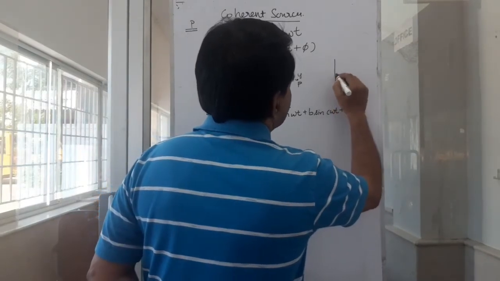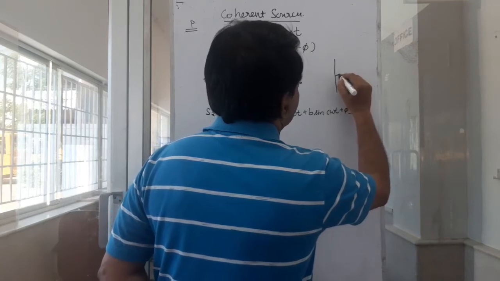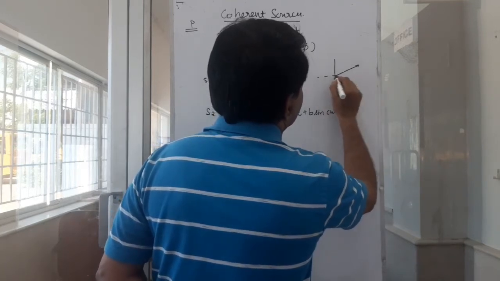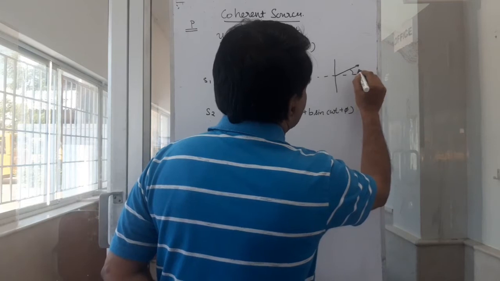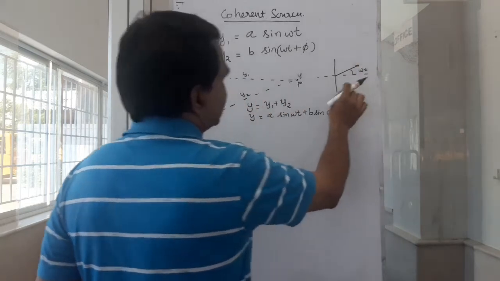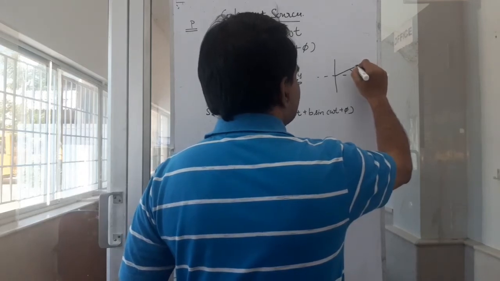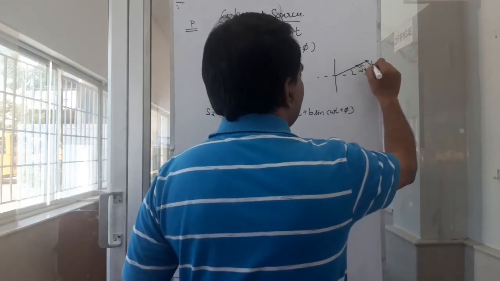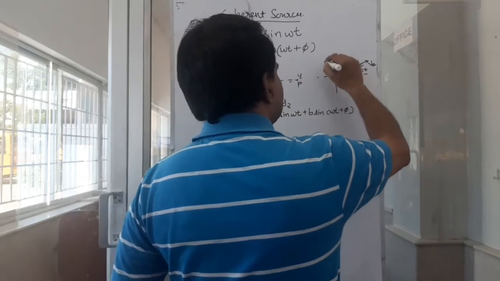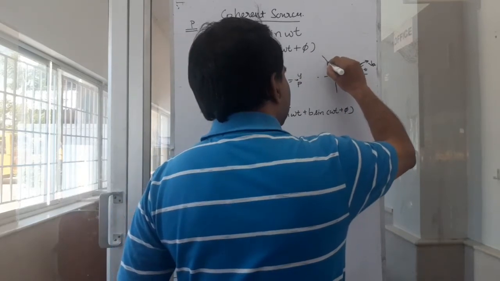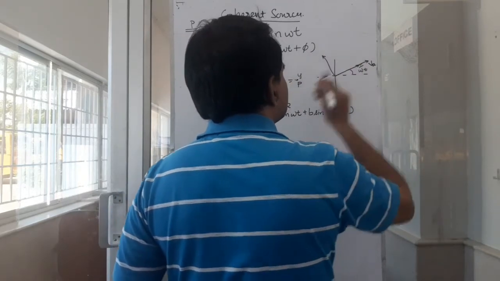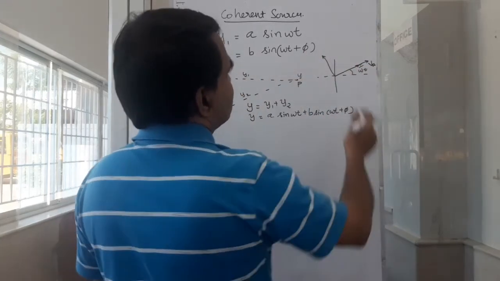So if this was my I, I just took this omega t at some particular point in time. This is where I see this. This is my I. If this is my I, then my VR was along I, and then I had this voltage.